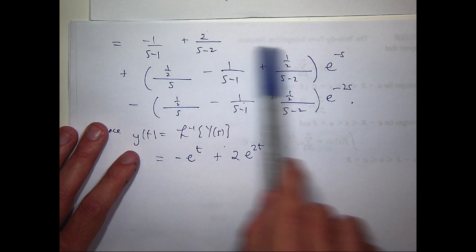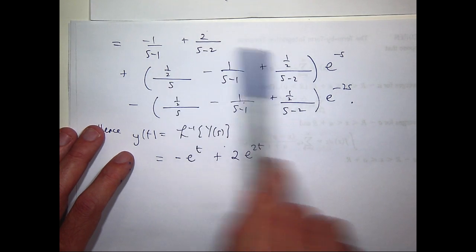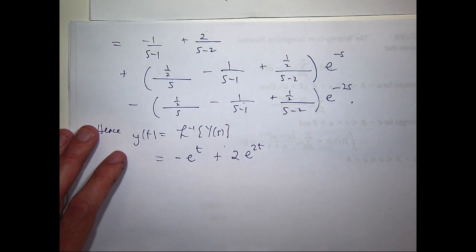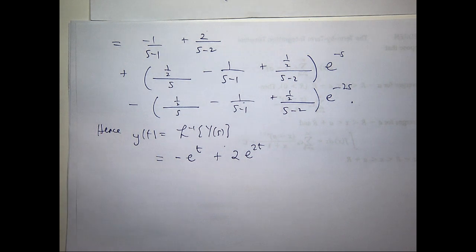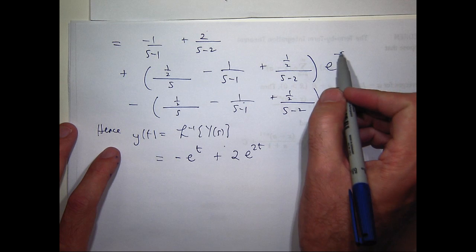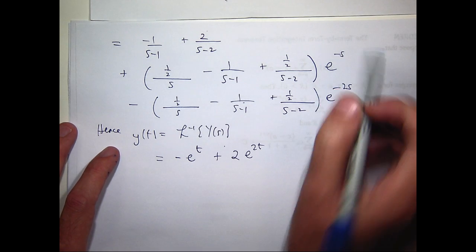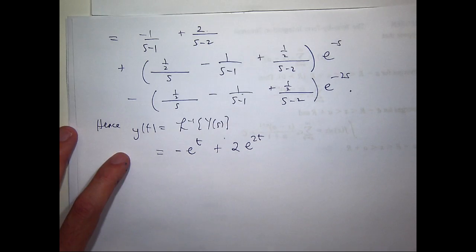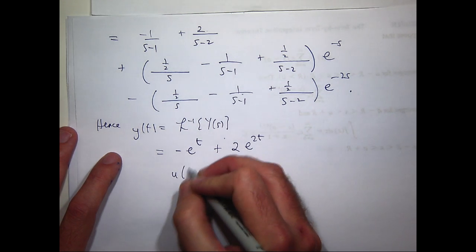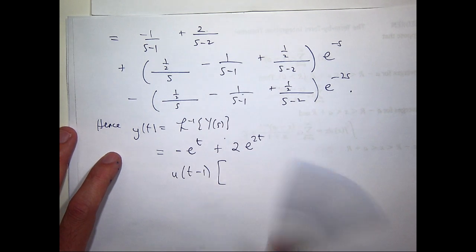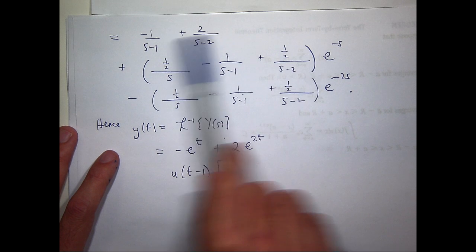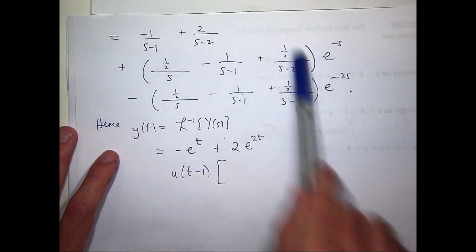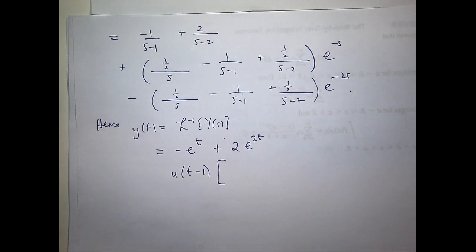Now what I want to do is take the inverse transform of this, then shift it, and then multiply through by the Heaviside step function. Because there's an e to the minus 1s, that's the value of the shift here. So if I apply the second shifting theorem, it's this times the inverse transform of all of this shifted 1 unit.